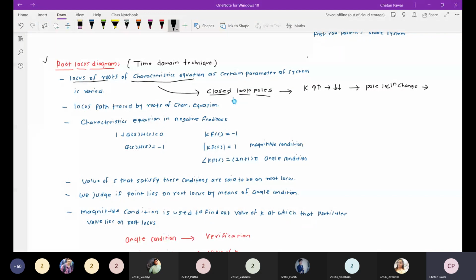Okay, so what is a characteristic equation? If you consider a negative feedback system, that is 1 plus G(s)H(s) equal to 0. So this is a characteristic equation. Now if we simplify it, G(s)H(s) is equal to -1. Now you tell me, this G(s)H(s) is which transfer function?